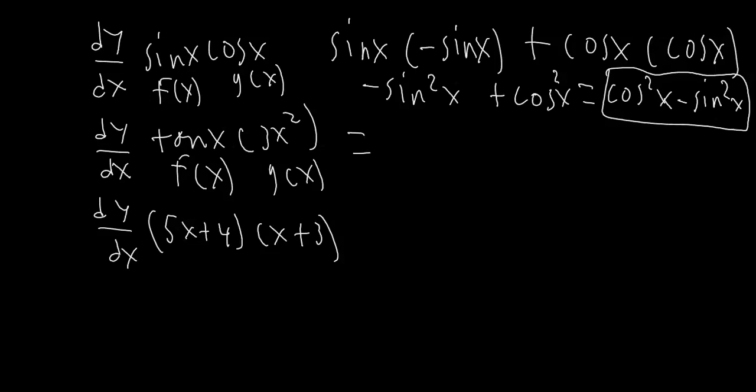This gives us tan of x times 6x, since that's the derivative of 3x squared, plus 3x squared times secant squared x, since secant squared x is the derivative of tangent of x.